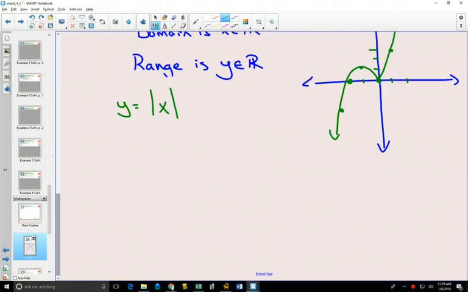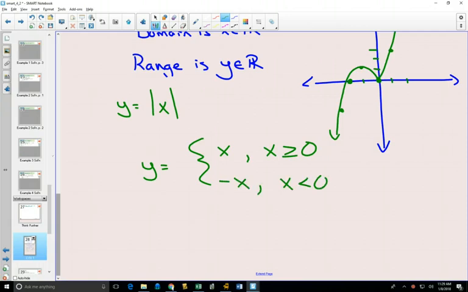So the absolute value of x is sometimes written as a piecewise function, because when you plug in something bigger than or equal to 0, it stays the same, right? But when you plug in something less than 0, you have to multiply it by a negative to make it positive. Like if I plugged in -3 into the absolute value, it's +3.